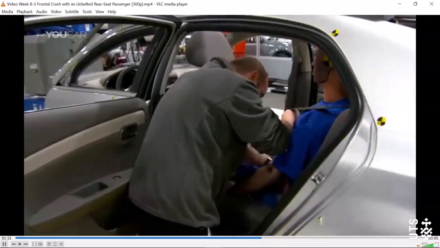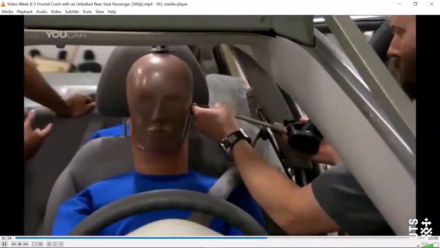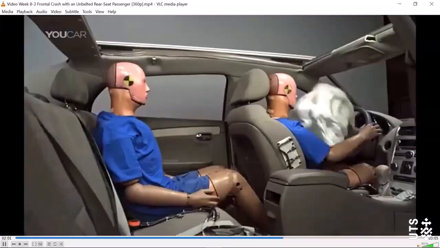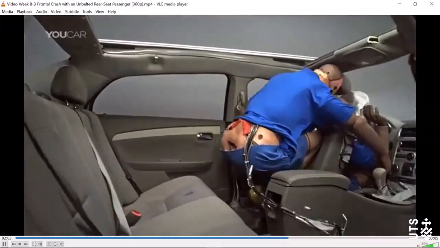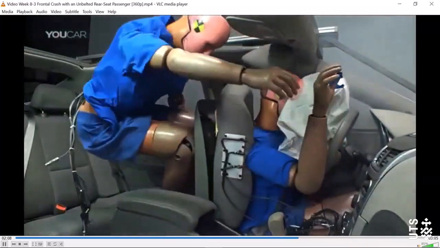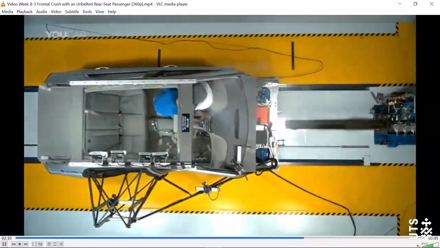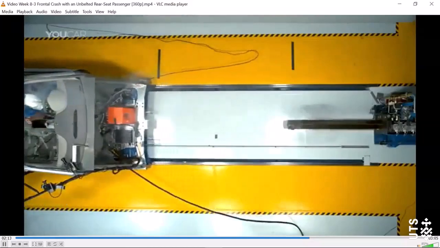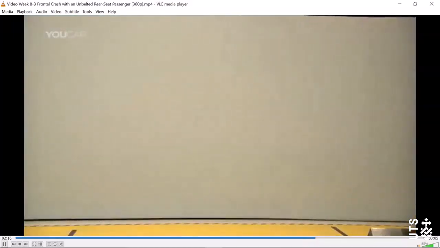We recently conducted a test to show what can happen when there's a crash and the person in the back is unbuckled. In a simulated 35-mile-per-hour impact, the unbelted dummy slams into the back of the driver's seat, pushing the driver dummy into the deploying airbag and steering wheel. Drivers are twice as likely to be killed in crashes when the occupant behind them is unrestrained. All but one state requires adult front seat occupants to use safety belts, but rear seat passengers are covered by laws in only 29 states and DC.